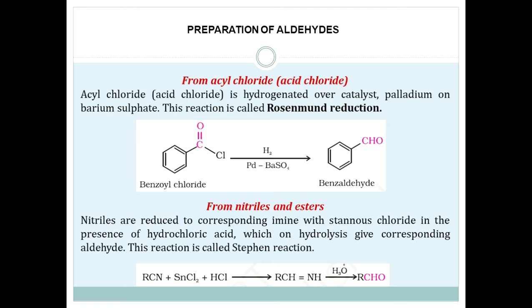It produces the aldimine hydrochloride product. This aldimine hydrochloride is filtered off and hydrolyzed with warm water, and finally it produces the aldehydes. This method is not applicable to the synthesis of ketones.